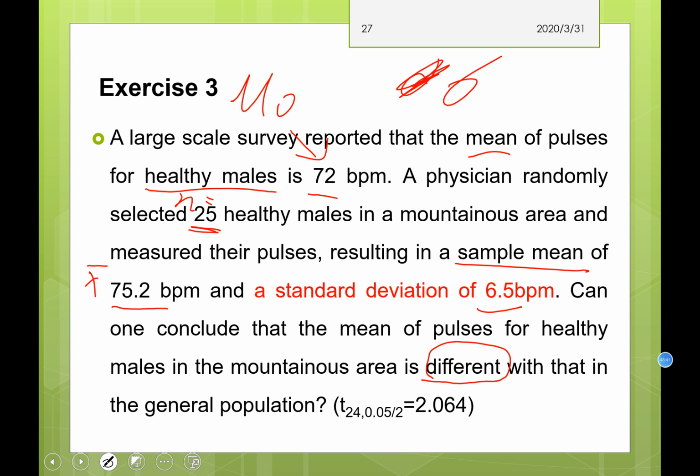So is that a sigma? No, because this number is calculated with the data of 25 males. So this is not sigma, this is S, right? So sigma is not given in this question. So can we use the z-test? No, we can't. We need to use the t-test.